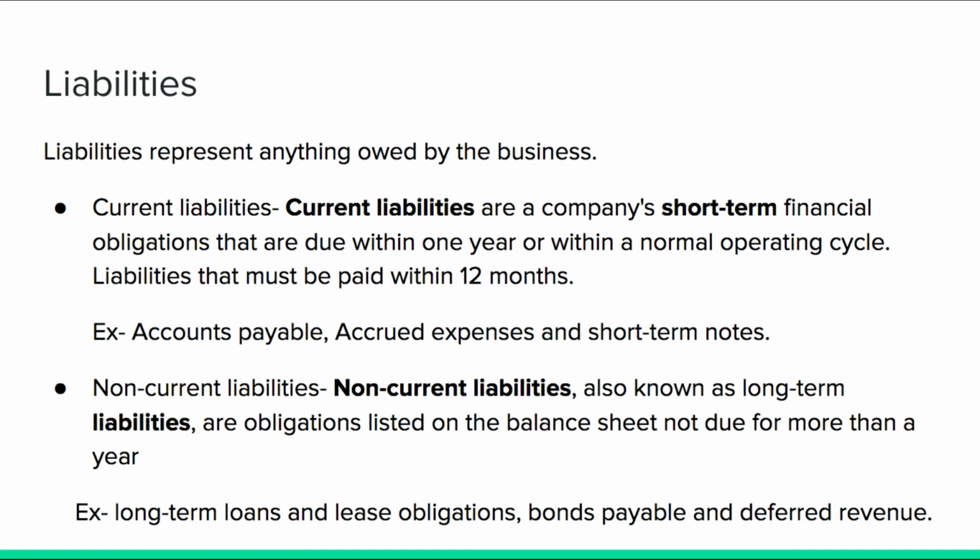These are every loan or every liability that a business must pay within 1 year or within a normal operating cycle. Non-current liabilities are all those liabilities owed by the business that the business does not need to pay within a year.